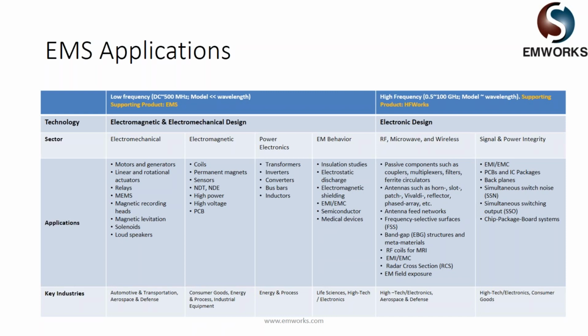From the electromagnetic point of view, we have coils, permanent magnets, sensors, high voltage, high power devices, inductors, PCB, etc. From power electronics, transformers, converters, bus bars are things that one can simulate using EMS. Finally, EM behavior can be simulated. One can understand the amount of leakage, and how effectively your electronic components are shielded. That kind of EMI, EMC type of behavior can also be simulated using EMS.